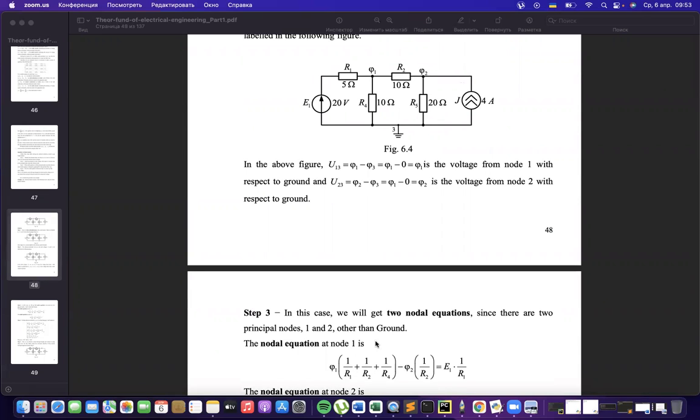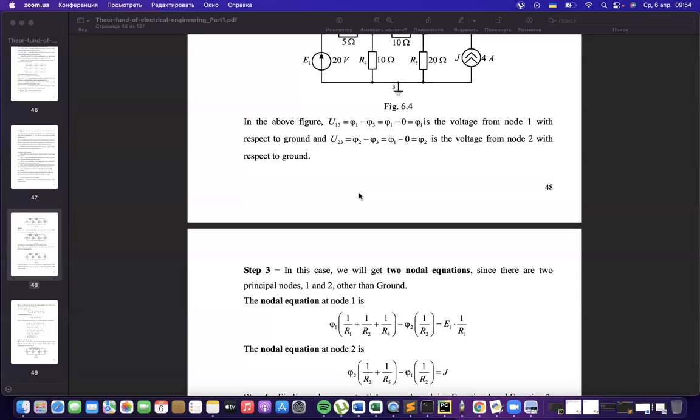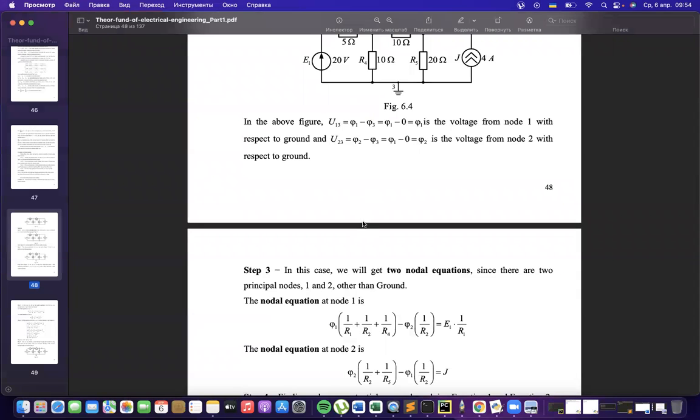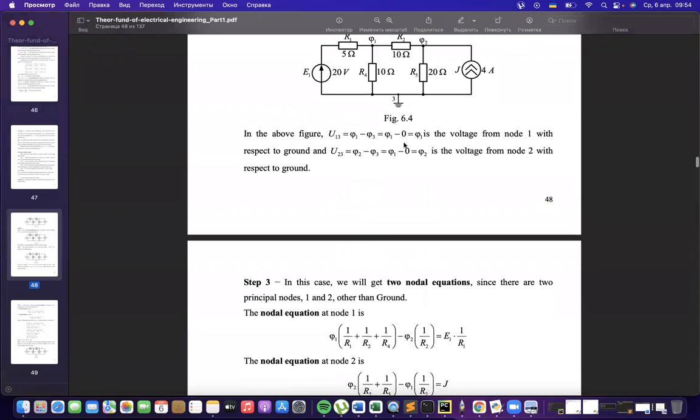Potential multiplied by all conductivities connected to this first point, minus the second point and the mutual conductivity between these 2 points, and equals the inflowing current to this first point, and this inflow current equals the electromotive force multiplied by the conductivity of this branch. It is how we made the first equation. The second equation, we are doing using the same idea.